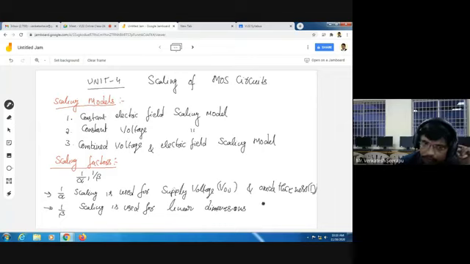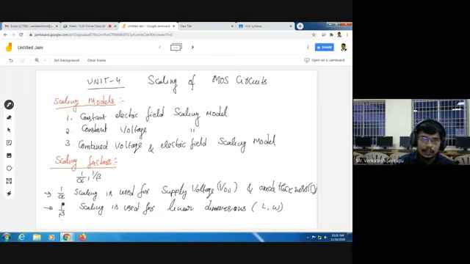Let us consider length and width. Let us consider the length of a transistor as a vertical dimension, and the width as a horizontal dimension. These are called linear dimensions. For these dimensions, we use the scaling factor 1 by beta.